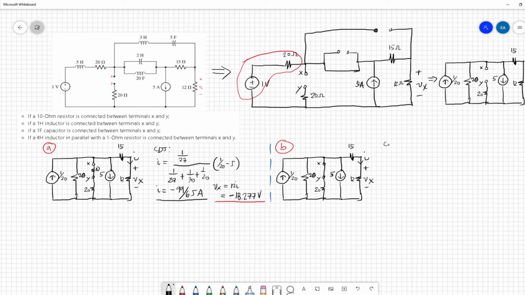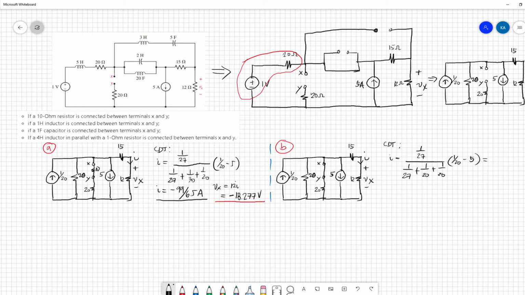So using CDT, we can solve for I. So I is now equivalent to 1 over 27 over 1 over 27 plus, in this case, 1 over 20 plus 1 over 20 times 1 over 20 minus 5.